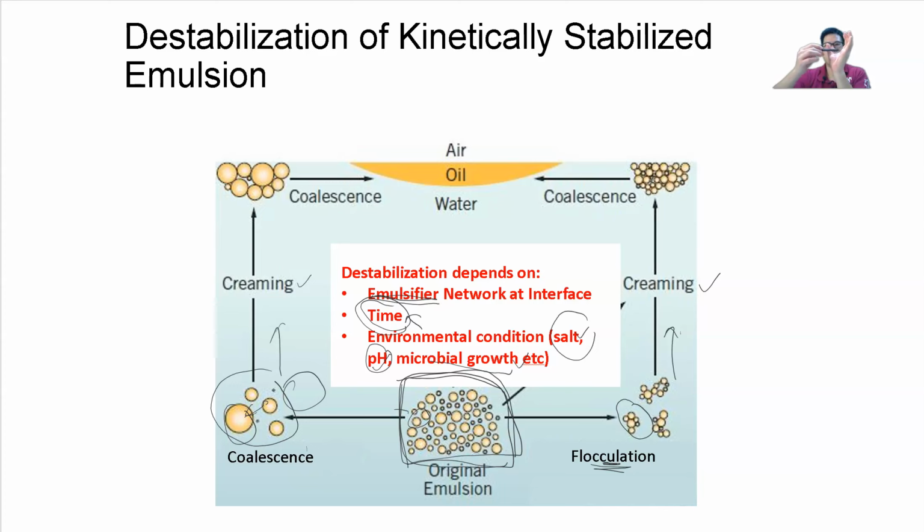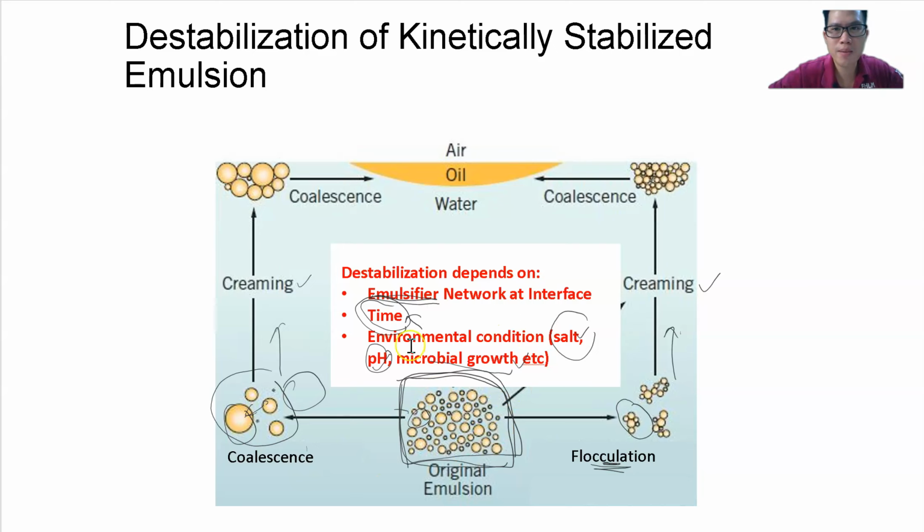Once it goes up, what is left below becomes either water or oil, so you can see it become more and more transparent as the emulsion droplets float to the top. When it reaches the top, it becomes very compact. When it becomes compact, it can lead to coalescence to form back into oil and water.